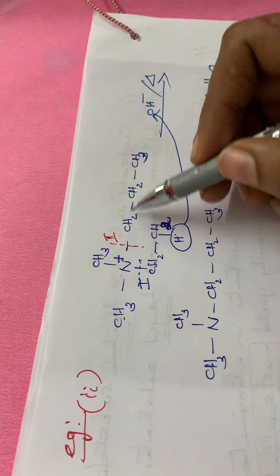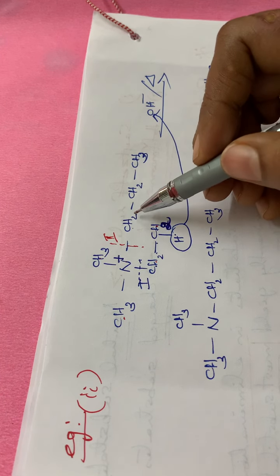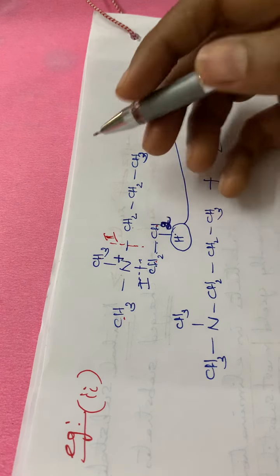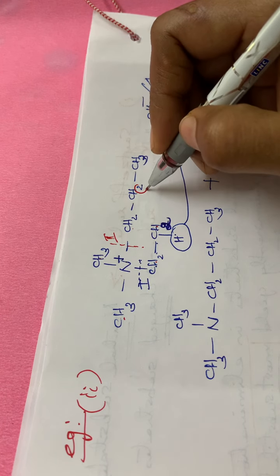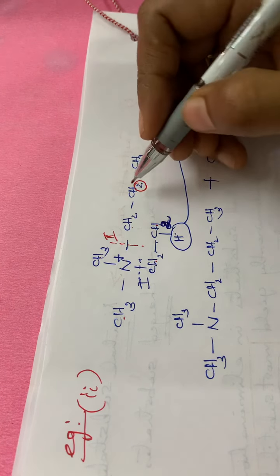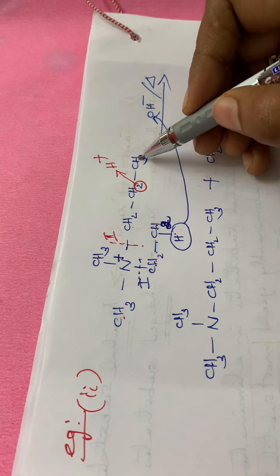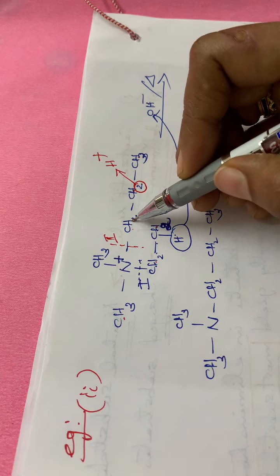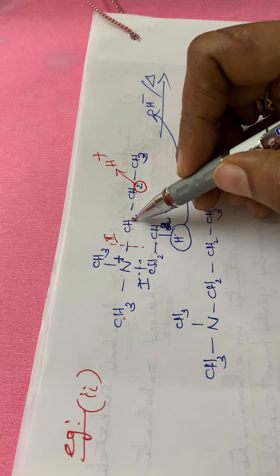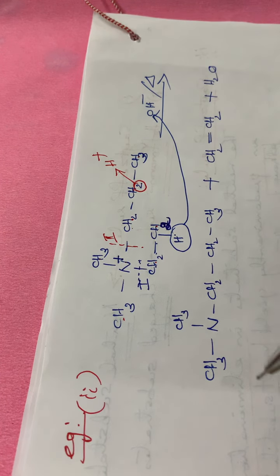Then what about the remaining portion? One proton will be abstracted from this carbon atom. Hydrogen will be eliminated as H plus. So here it becomes CH3 CH double bond CH2. Hope you are clear.